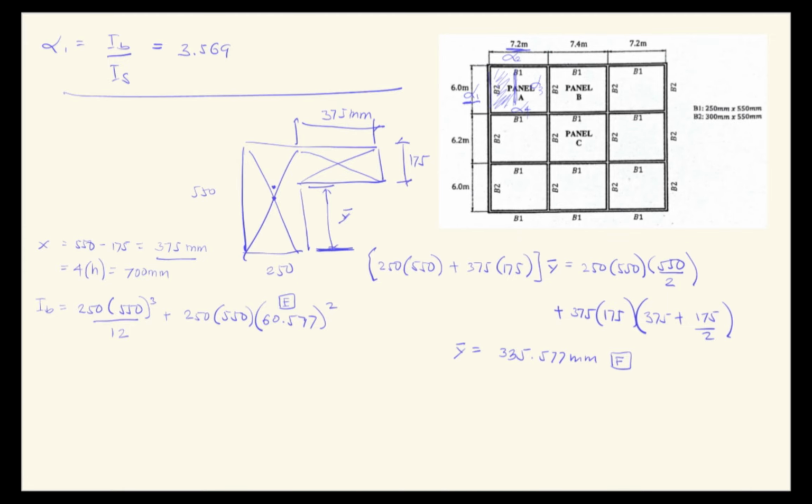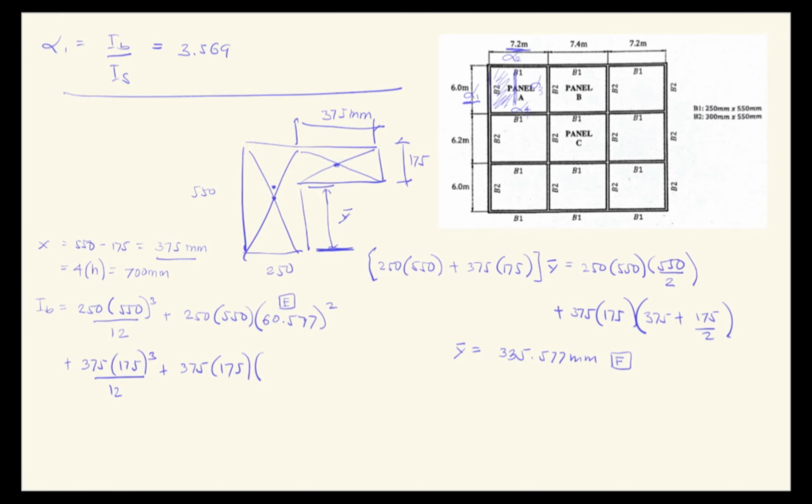Considering the other section, we have 375 by 175 cube divided by 12 plus 375 by 175, and the distance of the centroid of this smaller cross section to the centroid of the whole cross section.